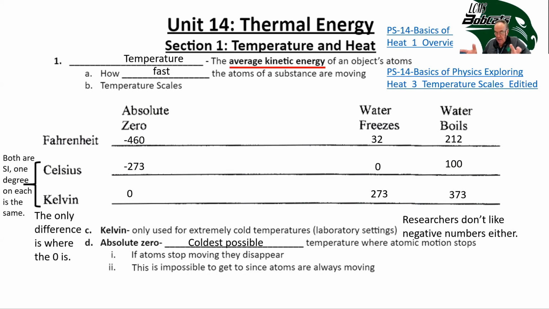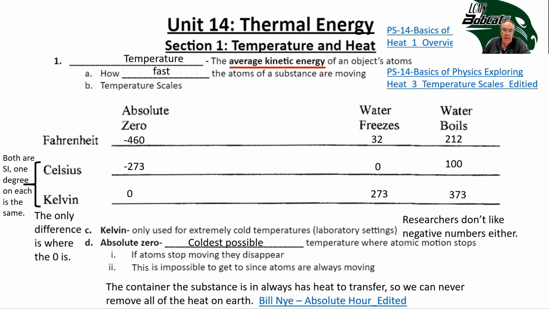So the atoms in the container are going to absorb energy from the container itself, so we can never get them completely to absolute zero. Okay? So the container the substance is in always has heat to transfer, so we can never remove all the heat on Earth.